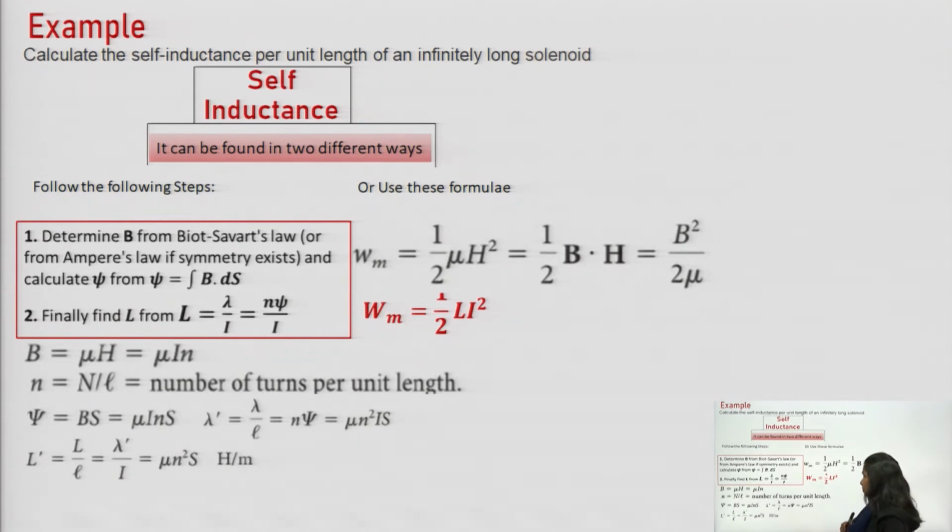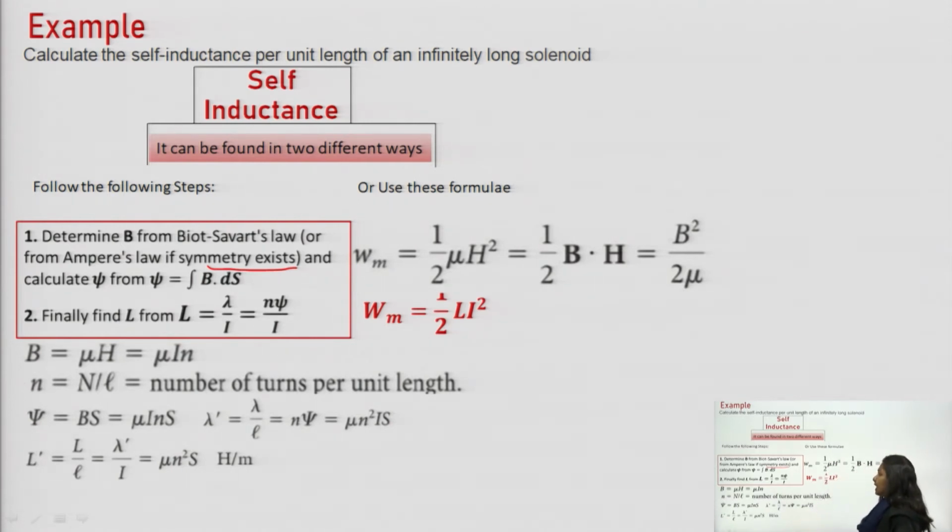One thing must be noted here: Ampere's law can be applied to find B or H only if symmetry exists. It can't be applied in situations where symmetry does not exist. So if symmetry exists, we can apply Ampere's law to find B. Otherwise we can use Biot-Savart law to find B or H.